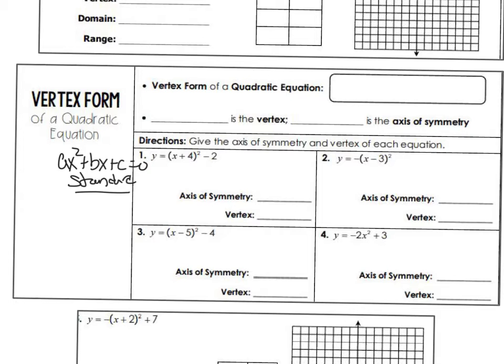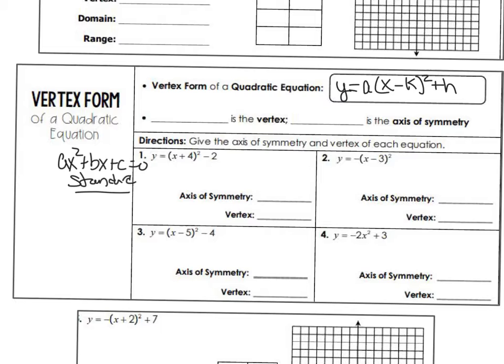Vertex form is y equals a times (x minus k) squared plus h. You're like, k and h? Well, it's basically the same as x and y.